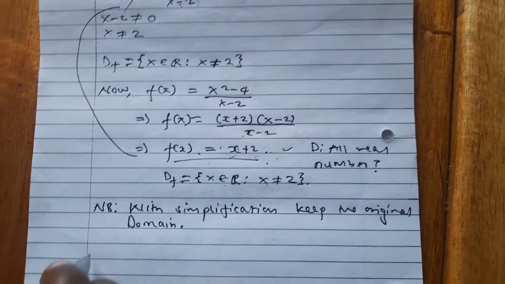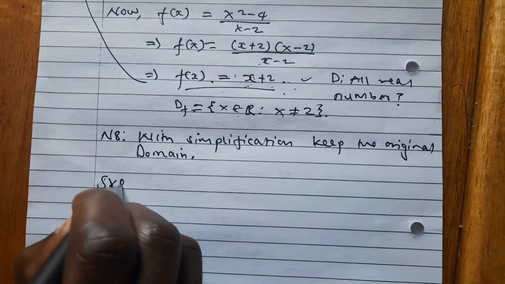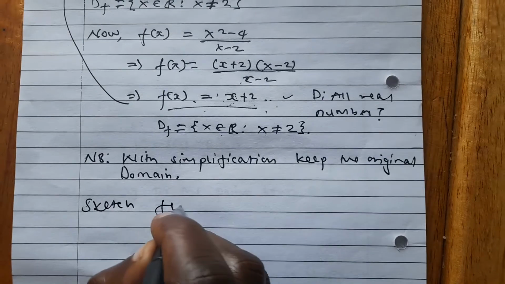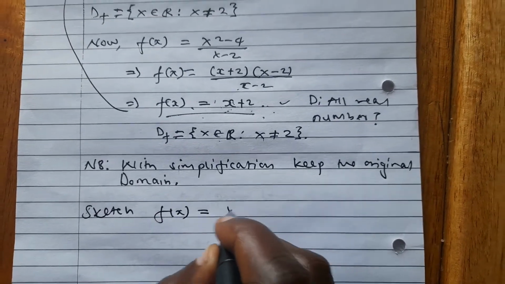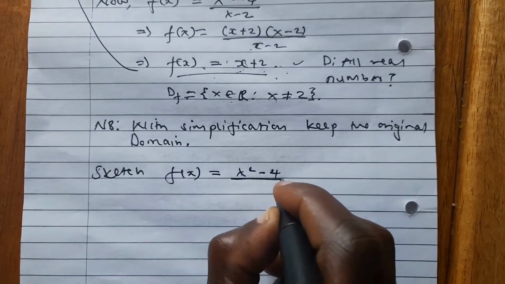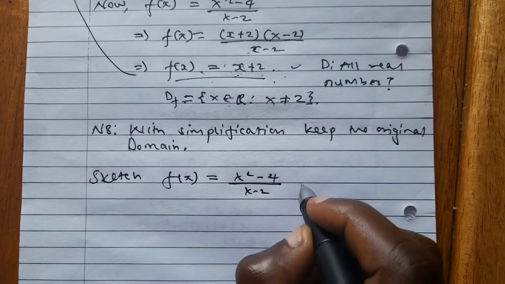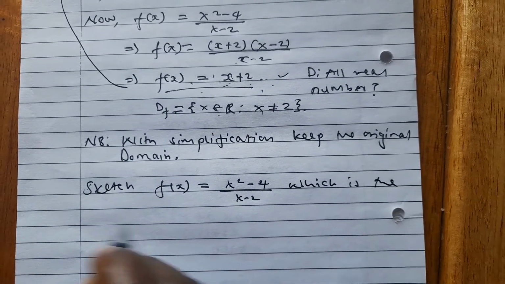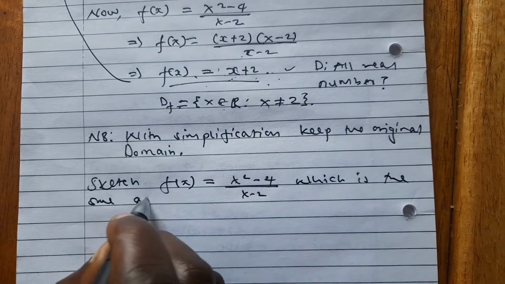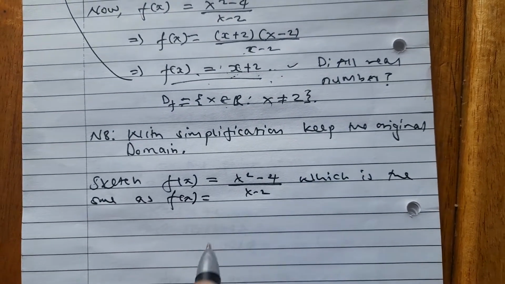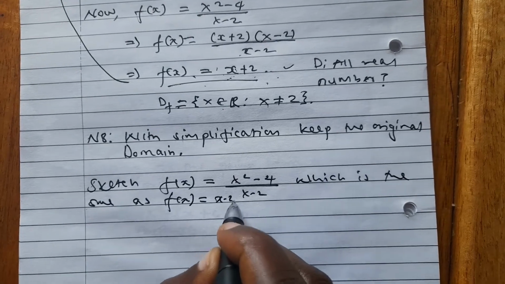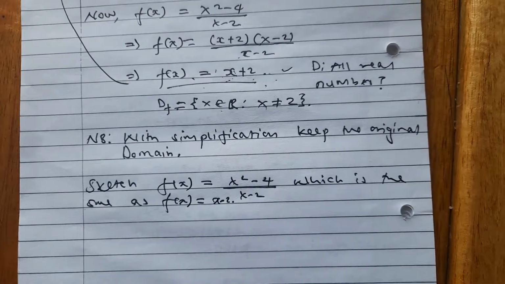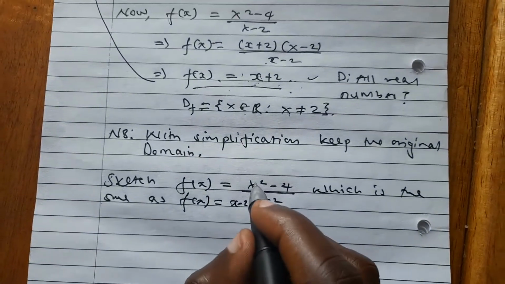So let's sketch the function f of x equals x squared minus 4 over x minus 2, which is the same as f of x equals x plus 2. So these two functions are actually the same.